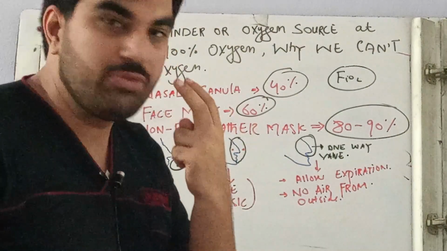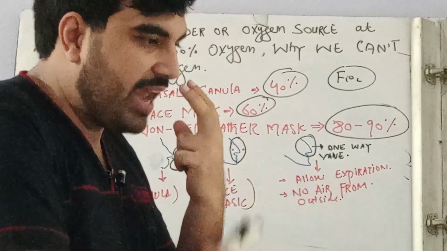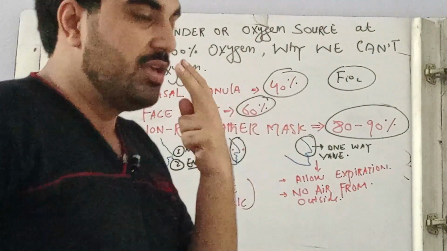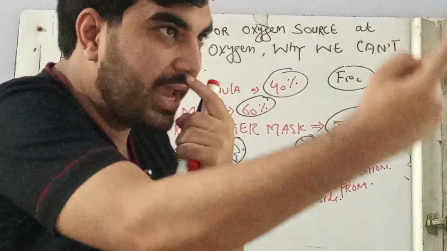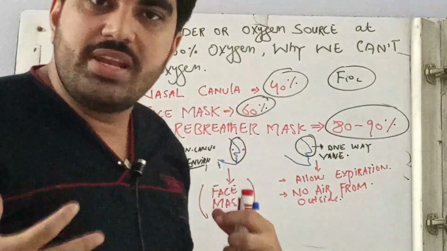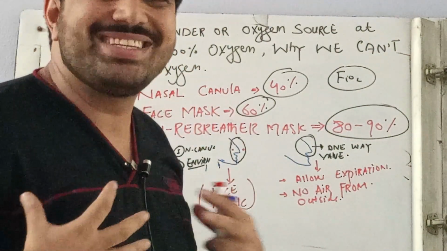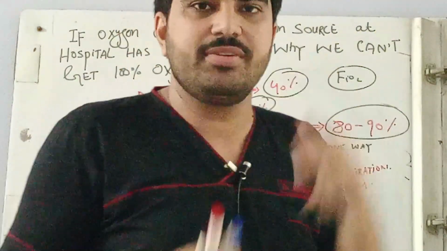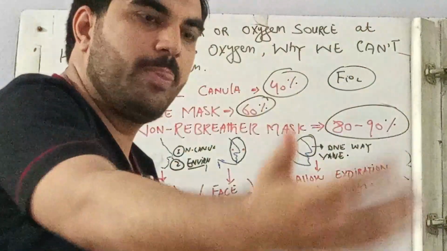You have applied the nasal cannula, so the patient is inhaling air with 100% oxygen, but the patient is also inhaling from the environment. So the net amount of air that a person is getting is the mixture of both the air from the nasal cannula coming from the cylinder and the air from the environment.